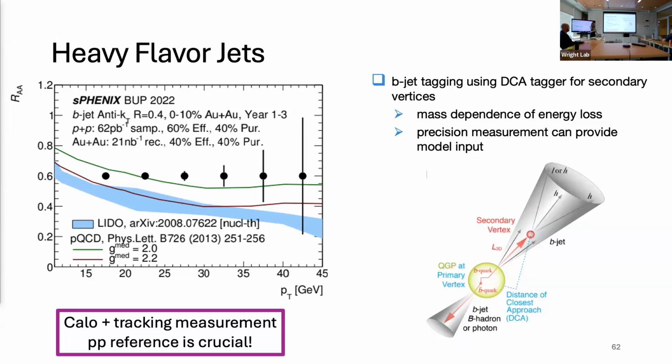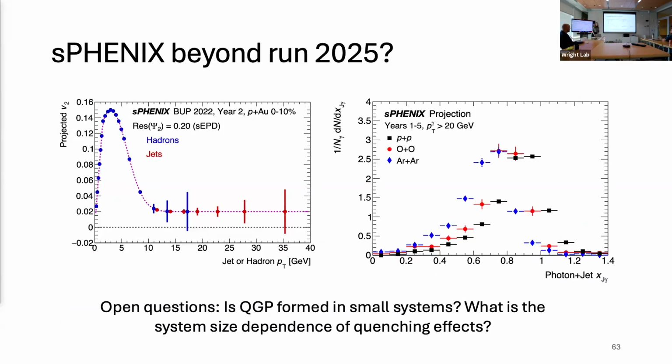And so you can tag directly the B jets. This one is, again, something that really requires the calorimeters plus tracking, and is something that is really statistics hungry. It's a rare process to form a B jet. And so this is something where having more pp data would be nice.